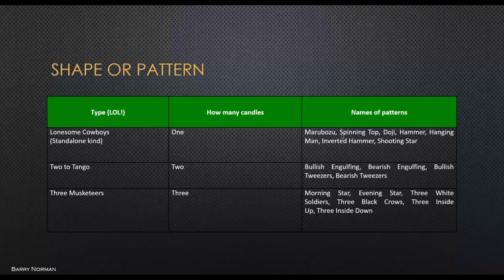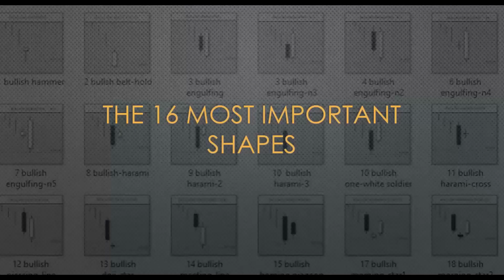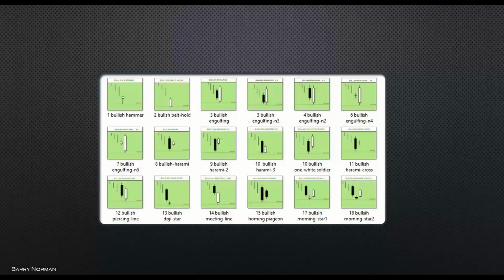So we talked generally about the marubozu, the spinning top, the doji. I mentioned bullish engulfing and bearish engulfing. And then there are more complicated ones like three white soldiers and three black crows. These are multiple candlestick patterns, but there are 16 primary patterns that you should understand and be able to interpret when they appear on your charts.